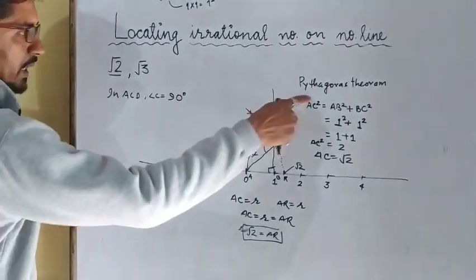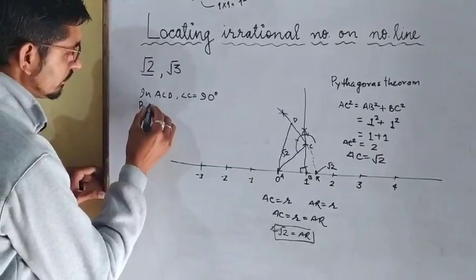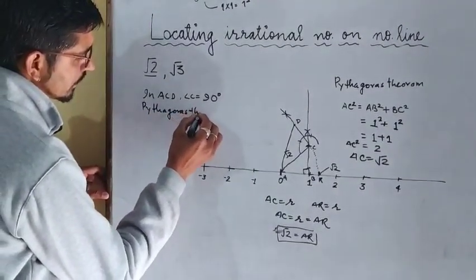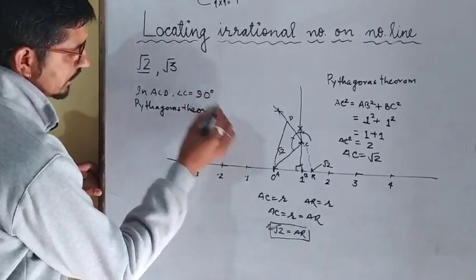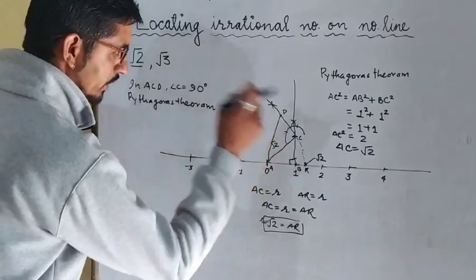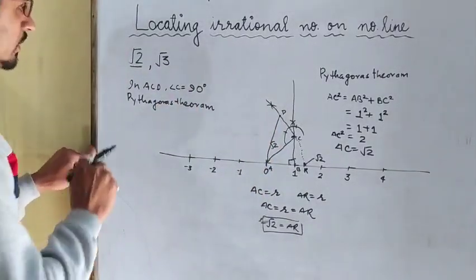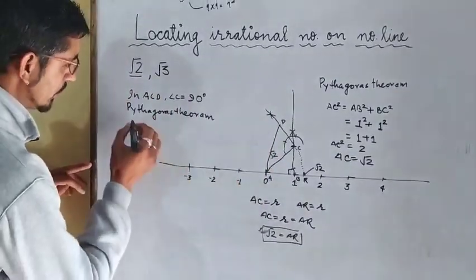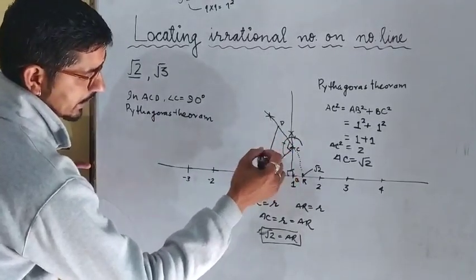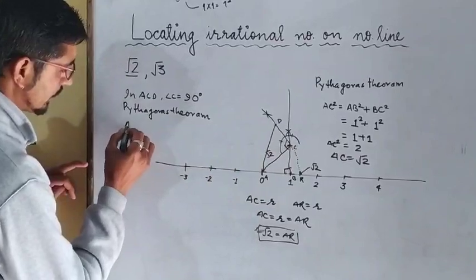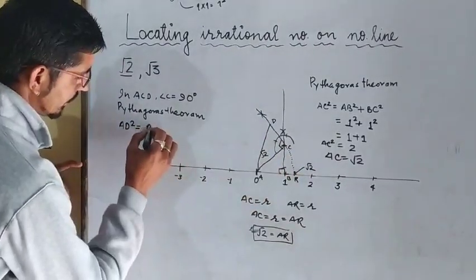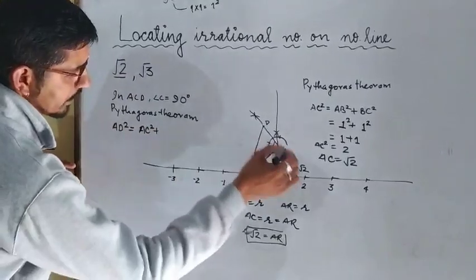So again, by applying Pythagoras theorem, what you will get to know? This distance from A to D will be known as root 3. How? As you know, this is 90-degree angle, so side opposite will be AD. The square of AD is equal to the square of AC plus the square of CD.